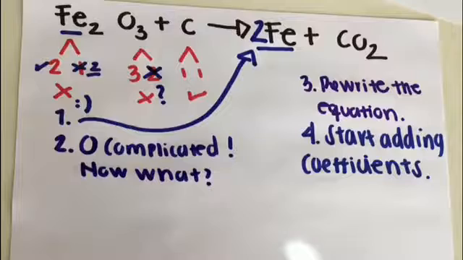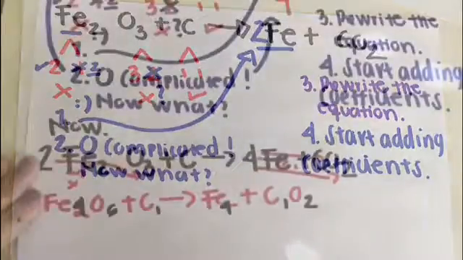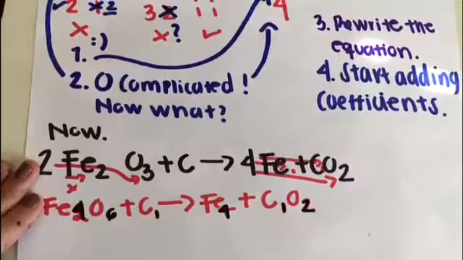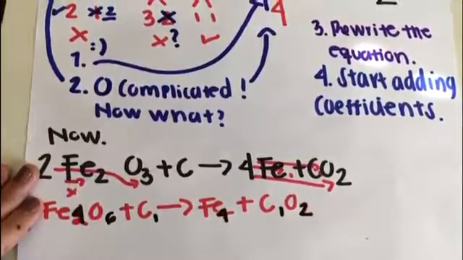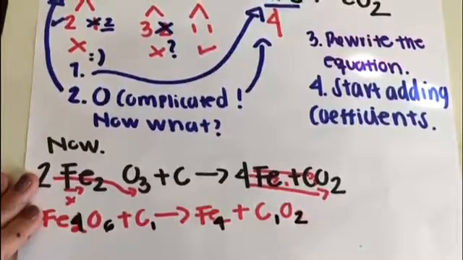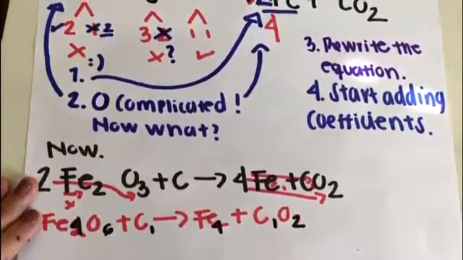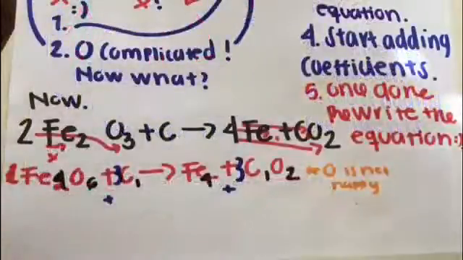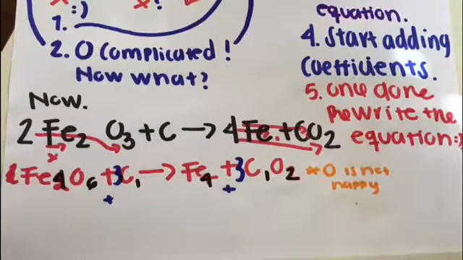First, you need to start making iron happy. But after you finish making iron happy, you can realize that oxygen is not happy. So to make oxygen happy, you need to change some of the coefficients of iron to make him happy too. But after you finish making iron and oxygen happy, you can realize that carbon is not happy.